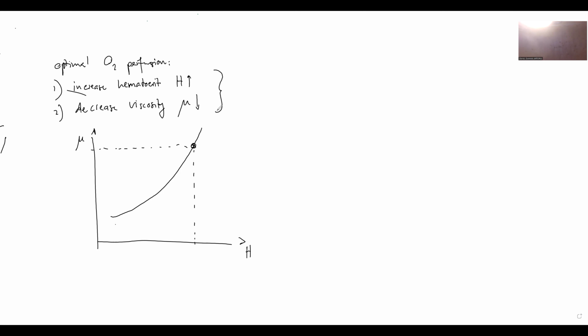What we are actually saying here is we want to minimize the ratio mu over h. We want to find the point on this curve for which this ratio mu over h is minimal. That will be the optimal hematocrit, with the highest possible hematocrit at the lowest viscosity.